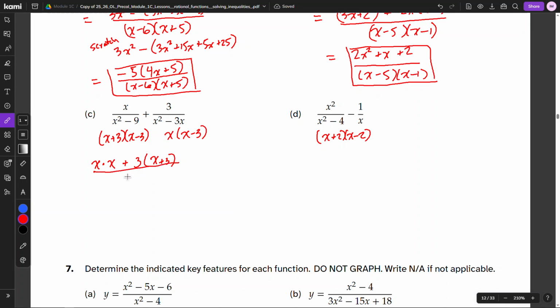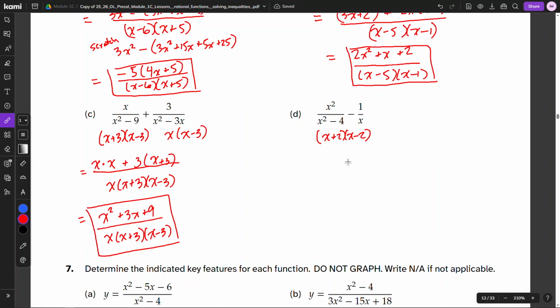So that's the numerator. The denominator is going to be x times x plus 3 times x minus 3. That's the common denominator. So go ahead, multiply through. That gives me an x squared plus a 3x plus a 9, all divided by x times x plus 3 times x minus 3.